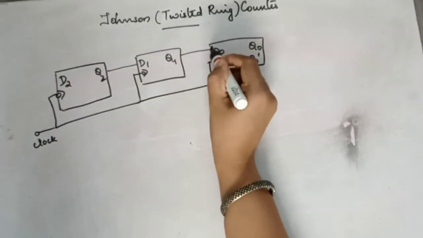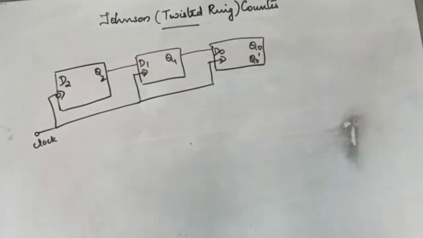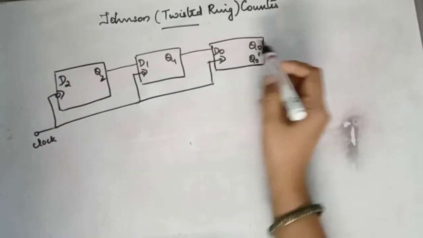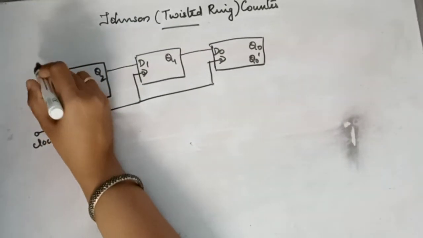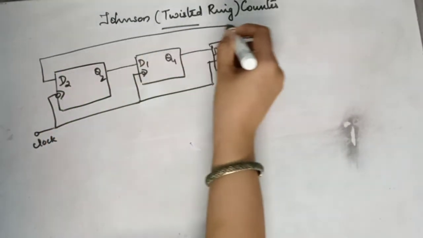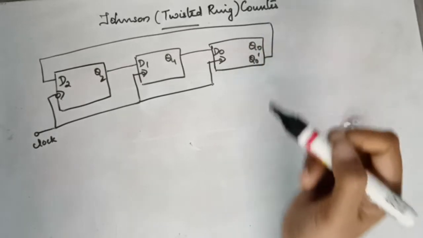So this much it's the same. In ring counter, you connected Q0 to D2. So in Johnson counter, you are connecting D2 to not Q0 but Q0 dash.